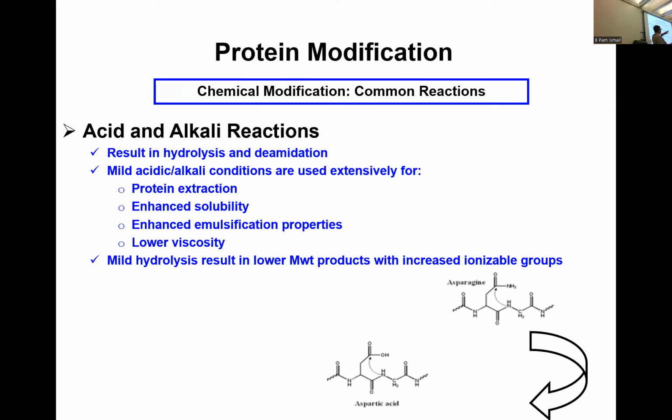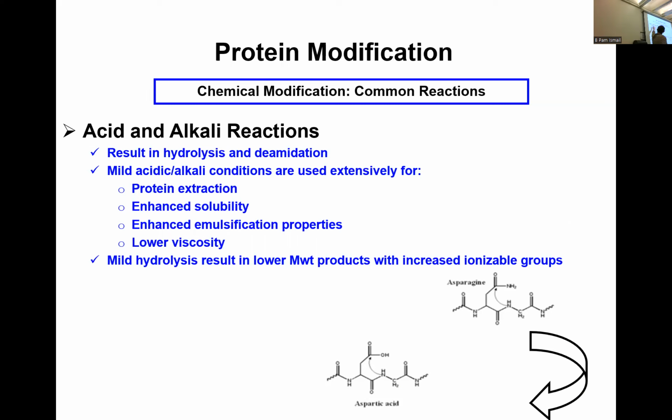So we change the pH by adding acid or base. Sometimes mild hydrolysis can occur, for example, changing of asparagine or glutamine to aspartic acid or glutamic acid. That will enhance the solubility of the protein by adding a charge, for example, increasing ionizable groups.